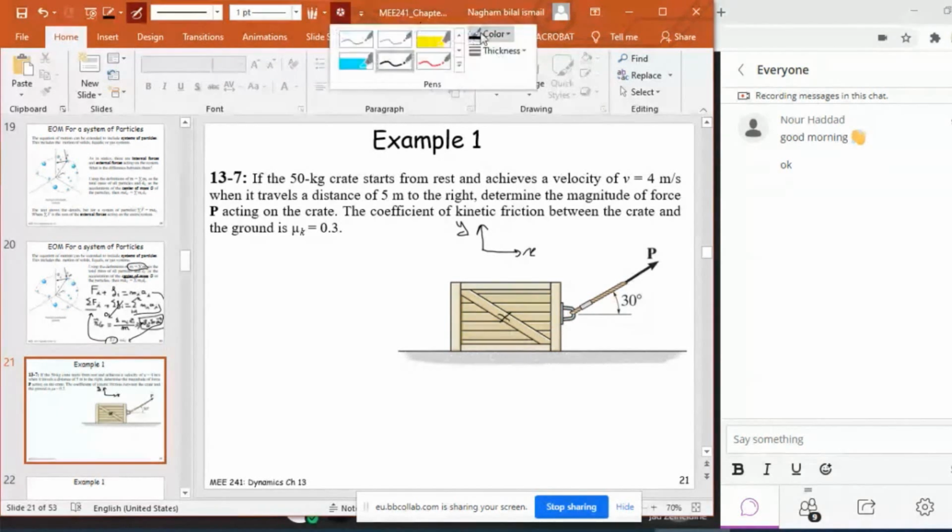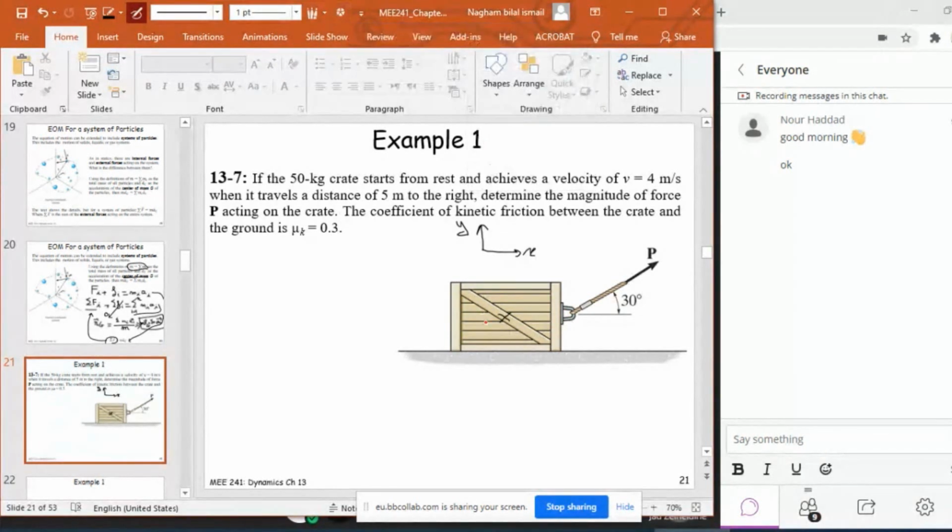So what are the forces acting on this crate? Of course, I have the weight, I have the normal force, I have this P that is doing an angle of 30 degrees. So guys, I transported this force from here to the center of gravity, all right?